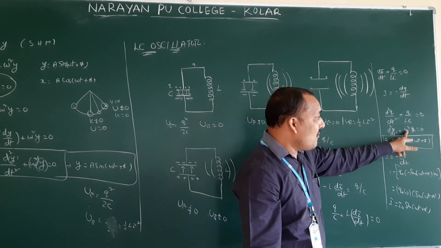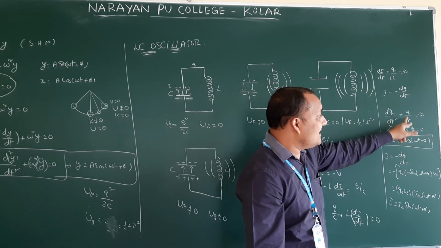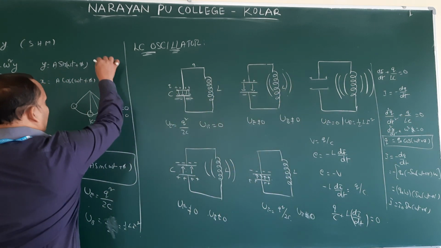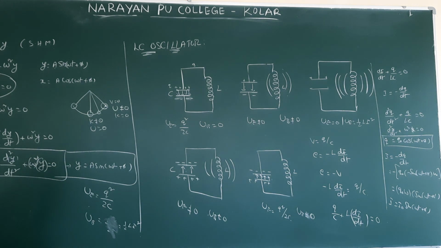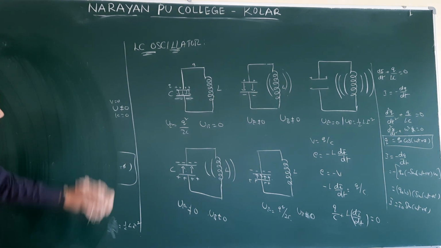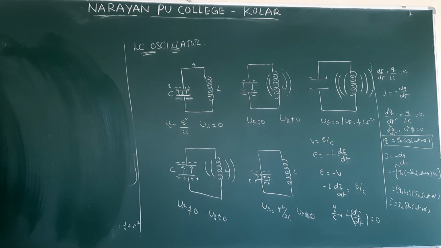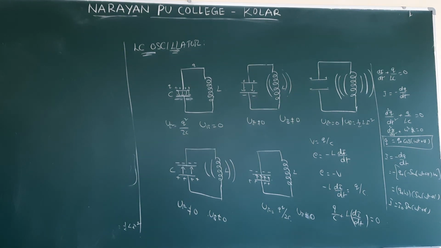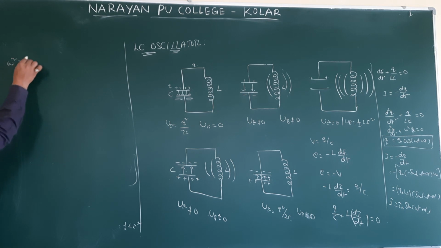Now if you see, what is omega square? Omega square is nothing but 1 by LC. Now this equation part is over. I hope you understood why I wrote this equation. Now just see the comparison. Omega square is equal to 1 by LC.